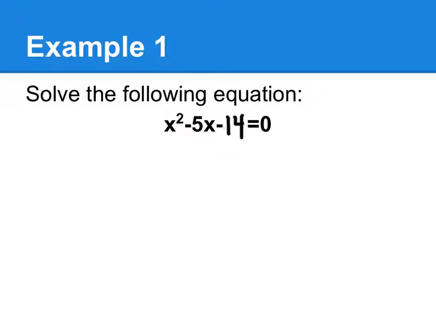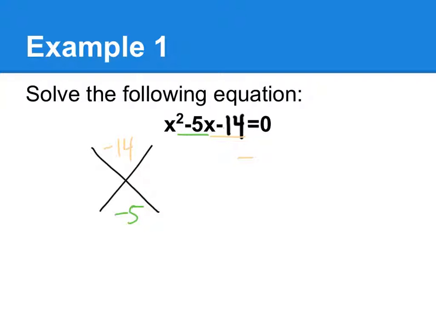Here's our first example. Solve the following equation: x squared minus 5x minus 14 equals 0. Before you freak out, don't even worry about that equals 0 part. Just ignore that right now. How did we do this last time? Who remembers? You set the x method. Negative 14 goes on top. Negative 5 goes on the bottom.